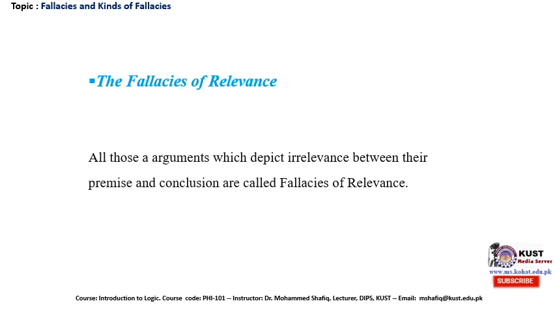Although all of these fallacies have irrelevance between premise and conclusion, this fifth is particularly focused upon that kind of fallacy in which the main point is missed, and the link between the premise and conclusion is not taken into consideration.